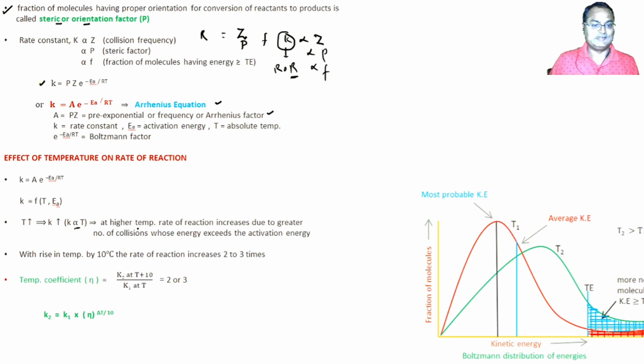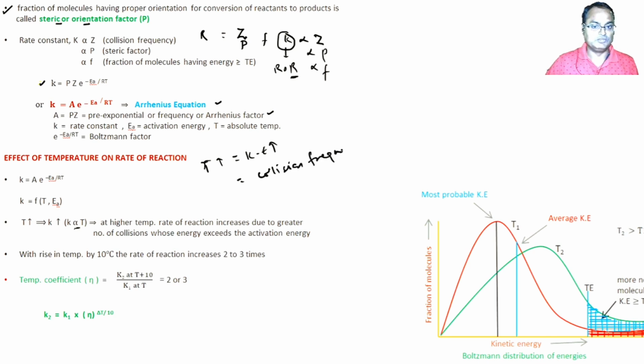That is, at higher temperature, the rate of reaction increases due to a greater number of collisions whose energy exceeds the activation energy. So with increase in temperature, the kinetic energy of the reacting molecules increases. Since their kinetic energy increases, their collision frequency also increases.